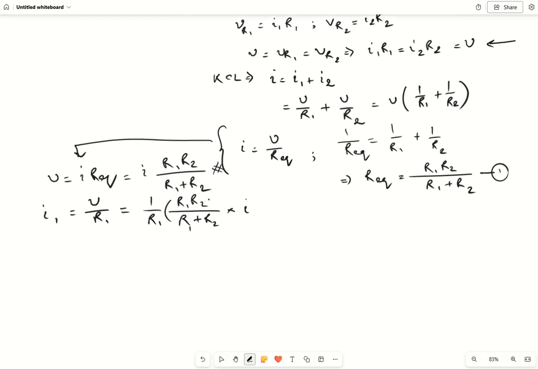Okay, so in this equation, R1 and R1 will get cancelled. So what we get is I1 equals R2 divided by R1 plus R2 into I.